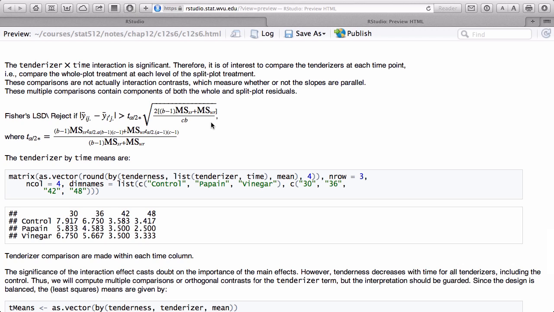Well, this is how you can compute the t-value in this case, and again, it's a weighted average of these mean squares, weighted by B minus 1 and 1. And so this involves both the whole plot and subplot errors in order to test this. And this is probably what you're most interested in doing. It's comparing the A's at the same level of B's.